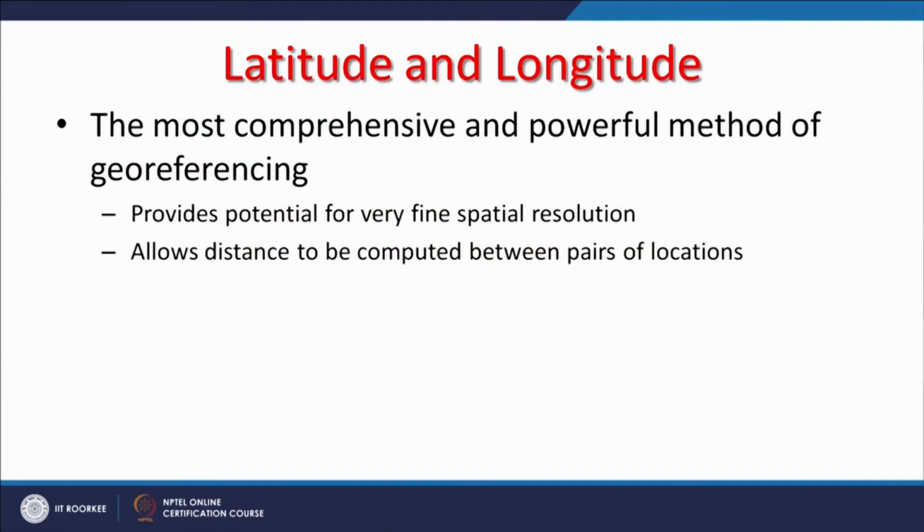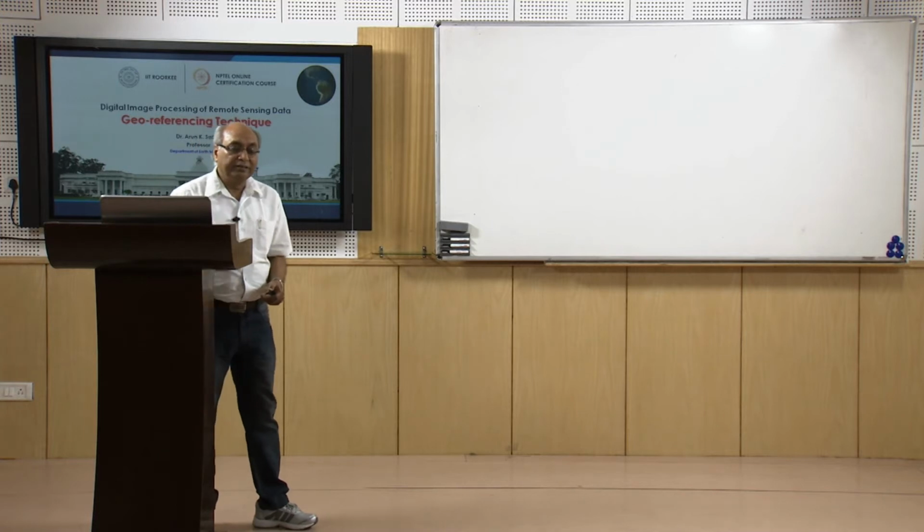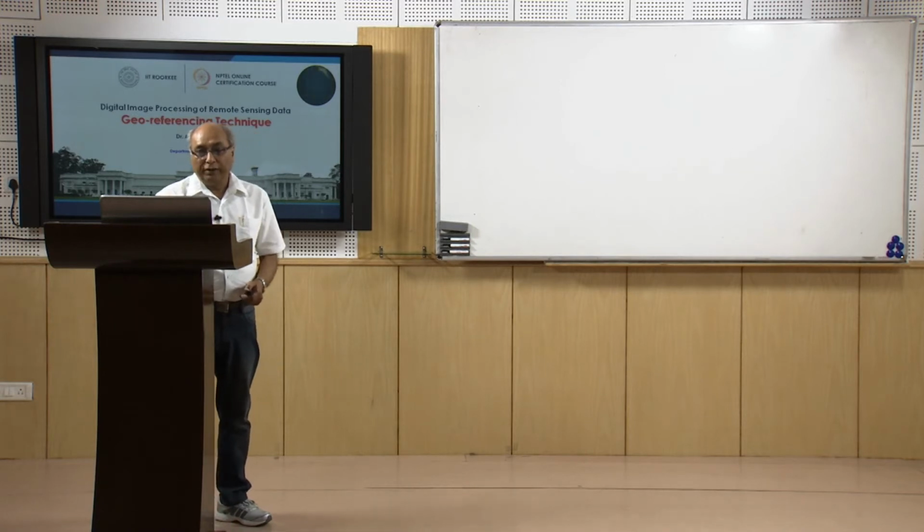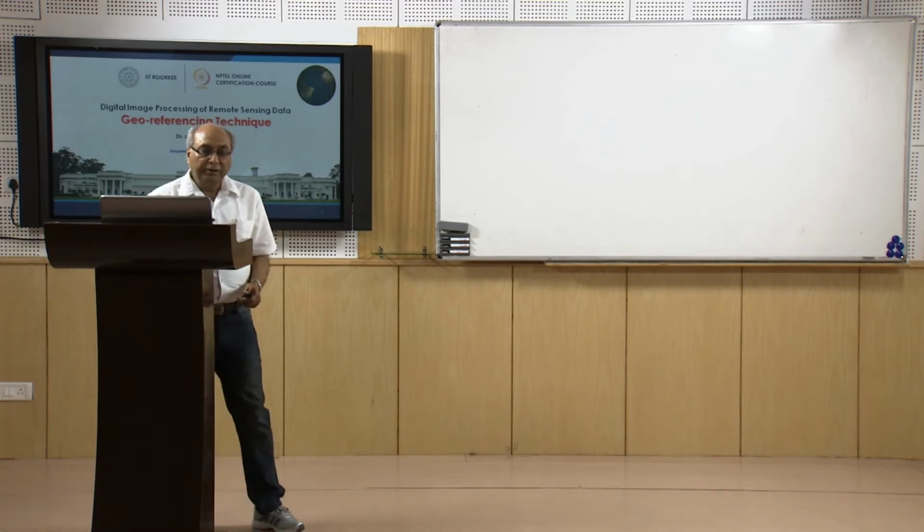It allows distance to be computed between pairs of locations once it is geo-referenced. So you get real distances like meters rather than pixel values, and it also supports other forms of spatial analysis: area measurement, length measurement, angle measurement. All of it becomes possible, and the values will be in meters or in degrees and so forth.